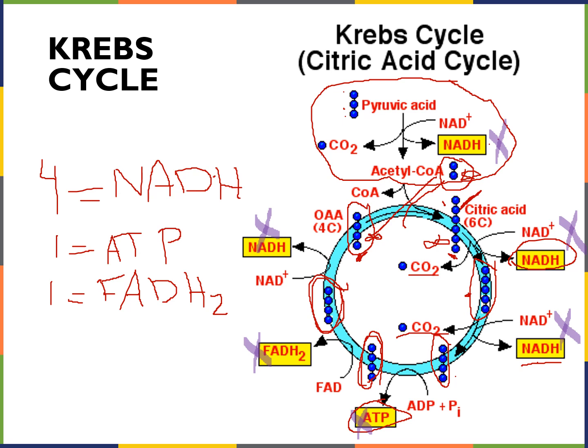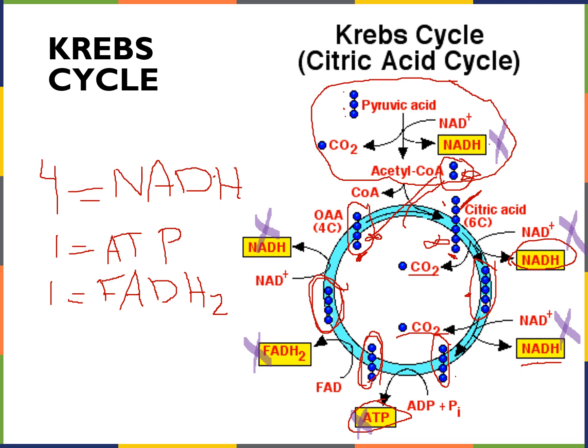So if we have 15, we multiply it by 2. So we get 30 molecules of ATP from the Krebs cycle, from this slide right here.